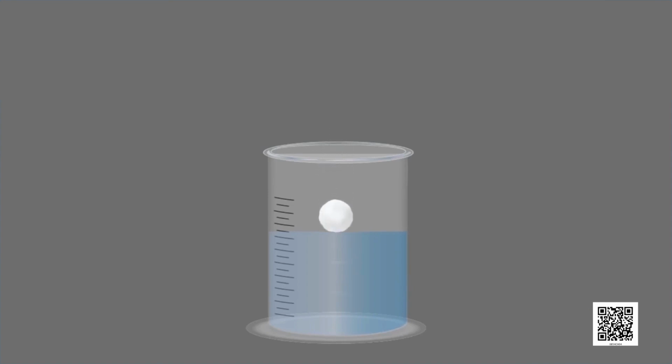Students, you will observe that sodium reacts violently with cold water and it immediately catches fire. Now, if you touch the beaker, you will feel that the beaker is warm.